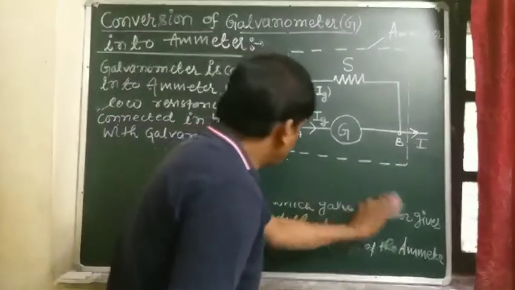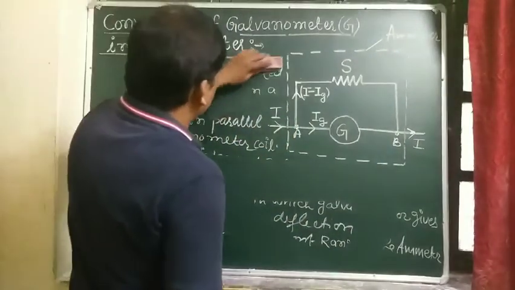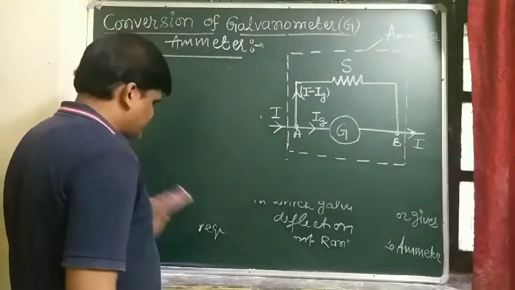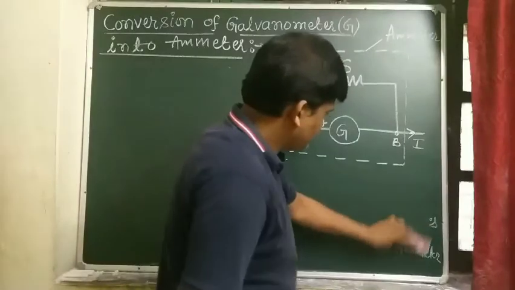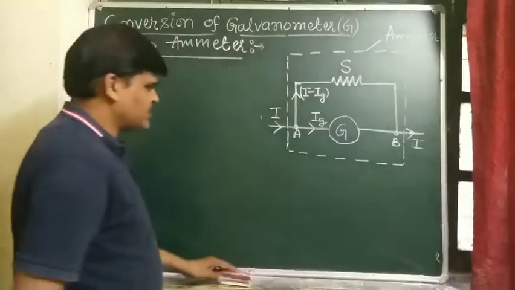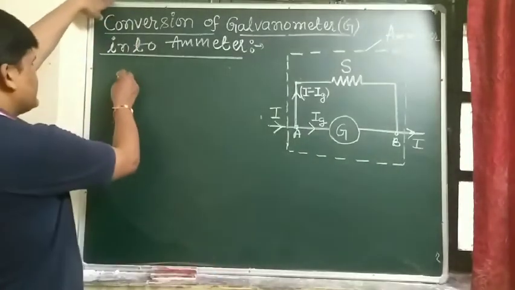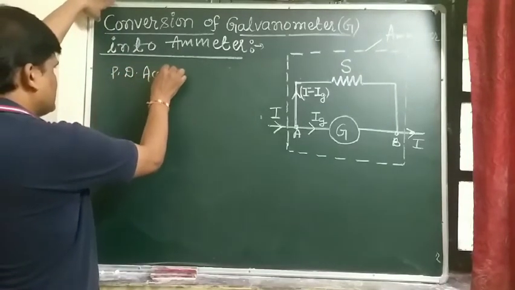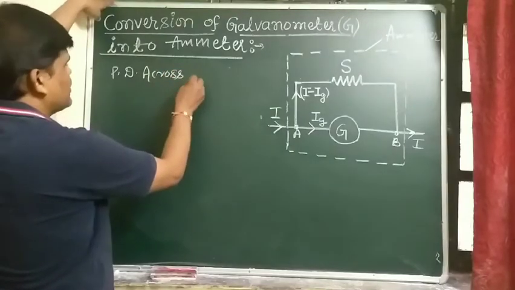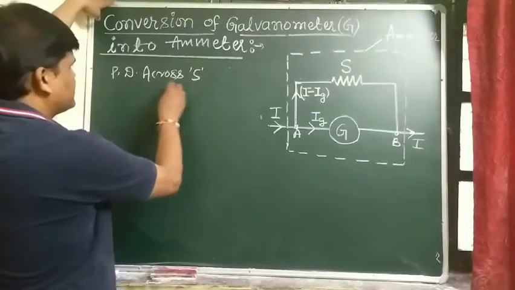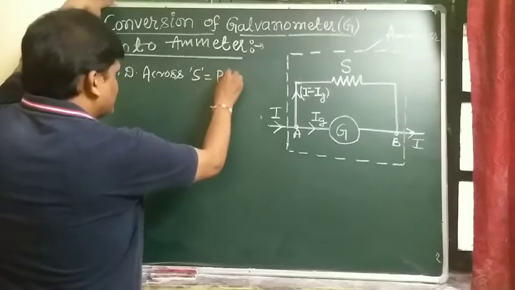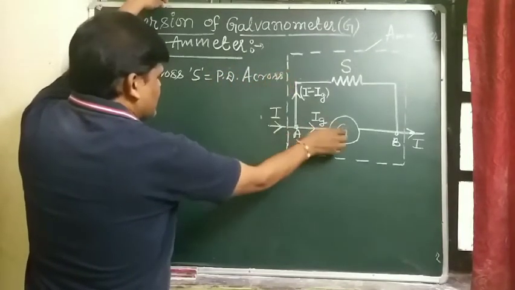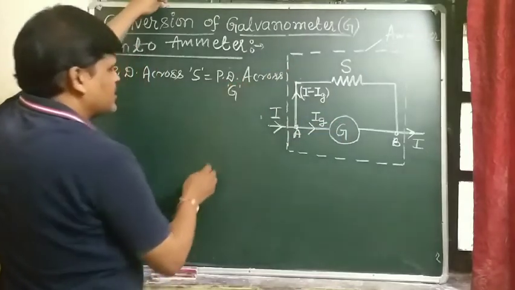So student, according to the property of parallel combination of resistances, the potential difference across S is equal to the potential difference across G. So PD across S, the shunt resistance, is equal to PD across the galvanometer resistance.